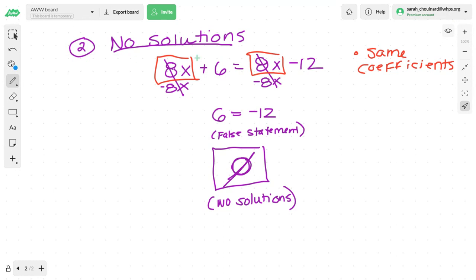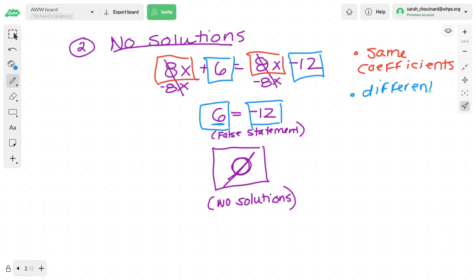What we also had was different constants. So when x canceled out, we were left with 6 equals negative 12, which was a false statement. So if we have different constants and the same coefficients, we're automatically going to know that there are going to be no solutions.